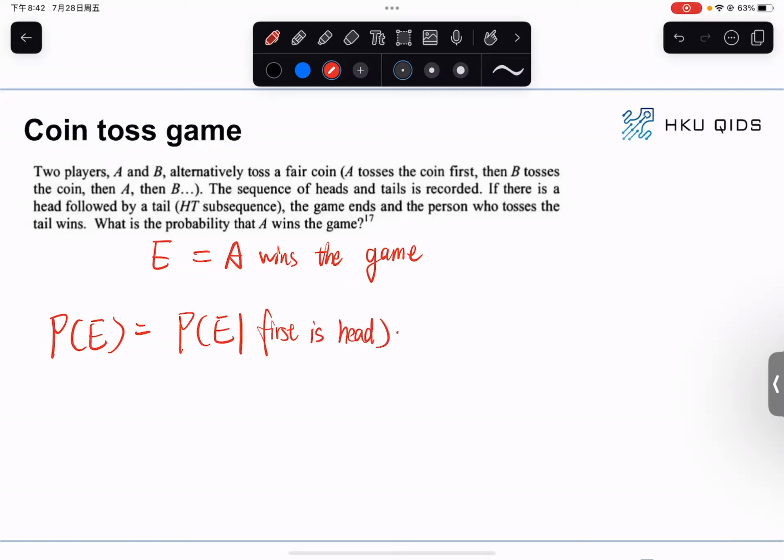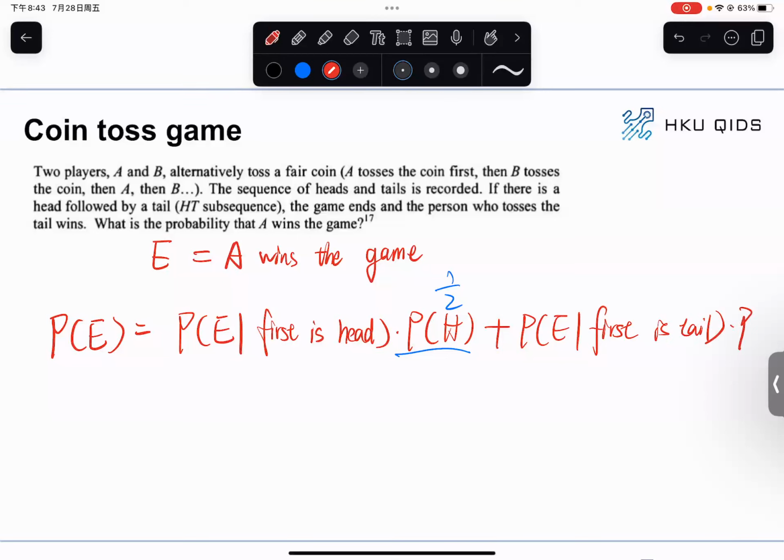Since it is a fair coin, the probability of head is just 1/2, right? And another thing is probability E conditional on first is tail, and this again is multiplied by probability of tail, which is also 1/2. Then we just need to solve these two things.